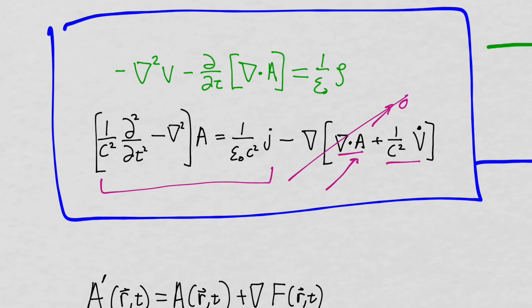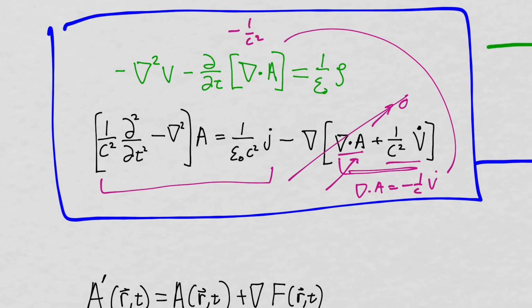And if this expression in here actually equals 0, then the divergence of A is equal to minus 1 over c squared V dot, right? Which now would become, if I substituted that into here, I would get minus 1 over c squared, or I get plus, I think.